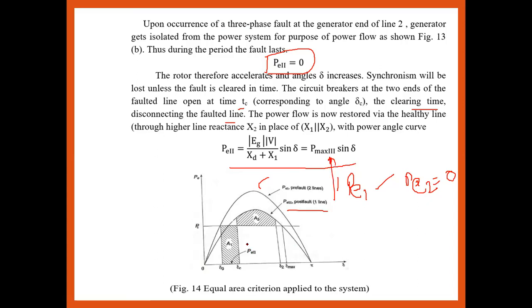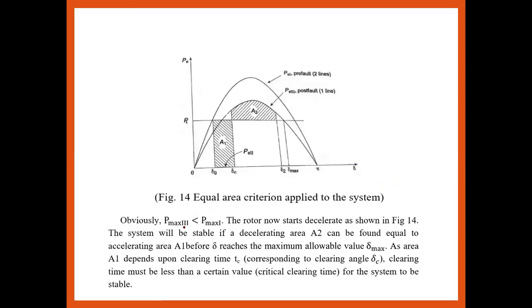Okay, so for the equal area criteria under the sudden loss, with the fault occurring at one end of the line, here A1 is the accelerating area and A2 is the decelerating area. The fault should be cleared at del C, so that Pmax 3 is less than Pmax 1, and now the rotor starts decelerating.